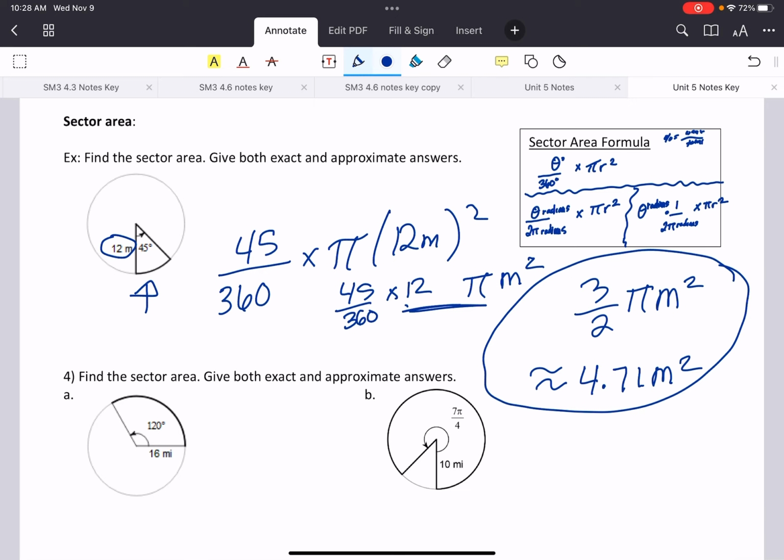Does she have a typo? Oh my gosh, there is a typo. Yeah, that's why I was confused. That's okay, I'm not going crazy. Dang it. This is not 12, this is 144. This is 12 squared. Oh, didn't catch that either.